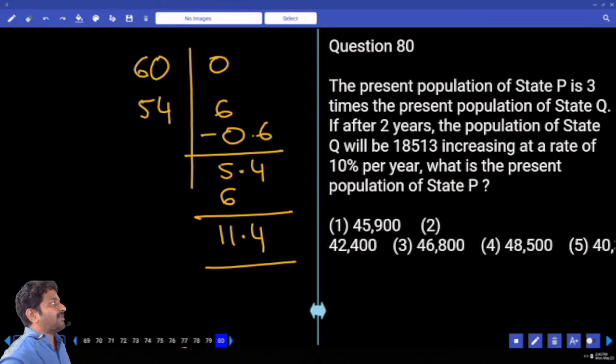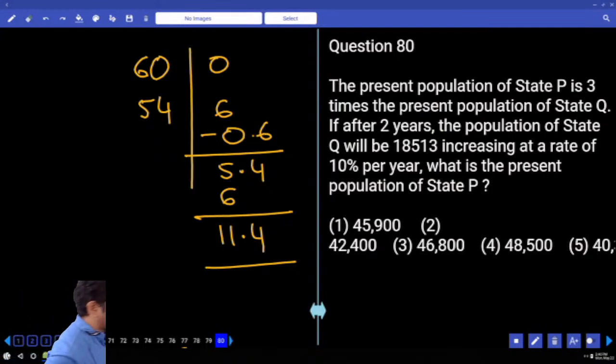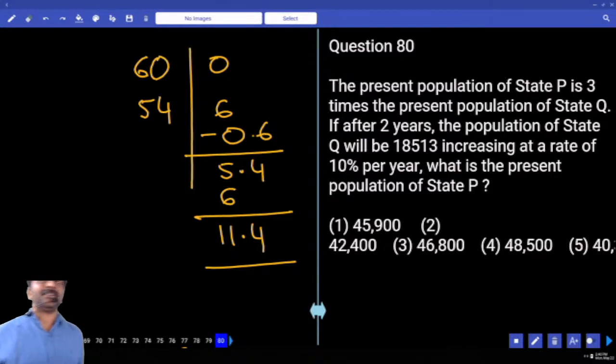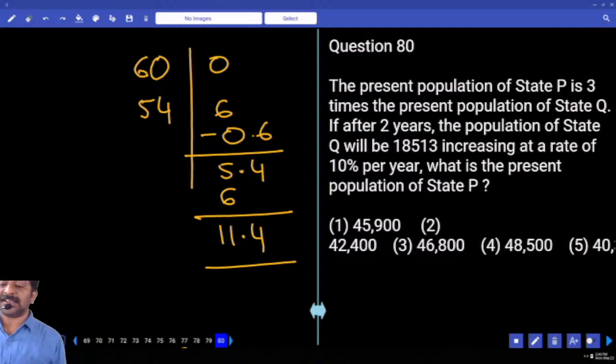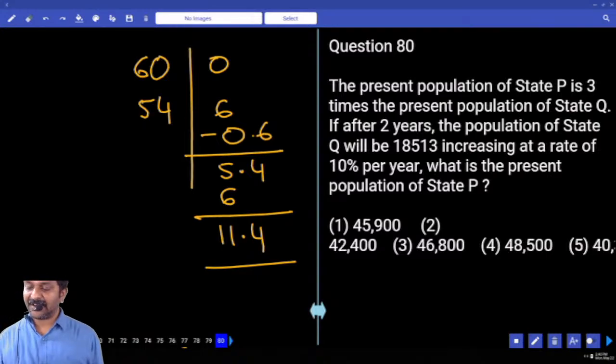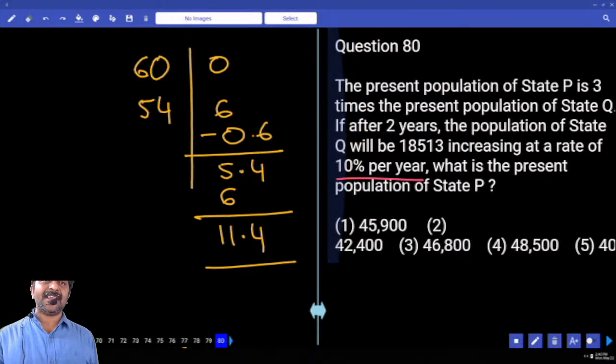The present population of state P is 3 times the present population of state Q. So if I take Q population as 100%, P population becomes 300%. If after 2 years the population of state Q will be 18,513, increasing at the rate of 10% per year, what is the present population of the state? See, every year 10% increase, right?